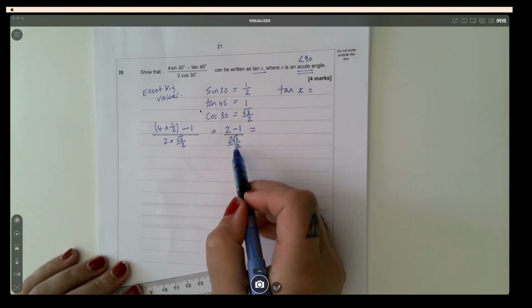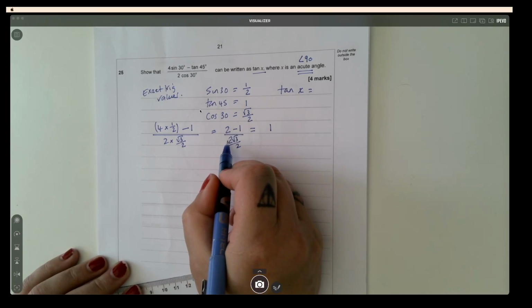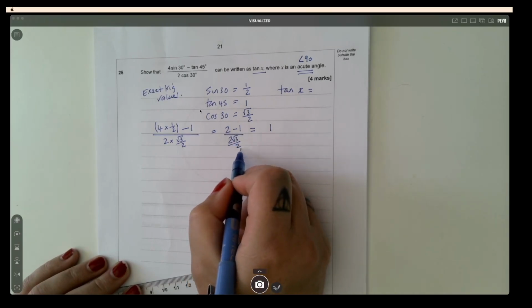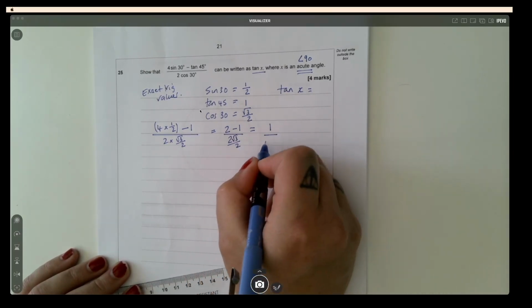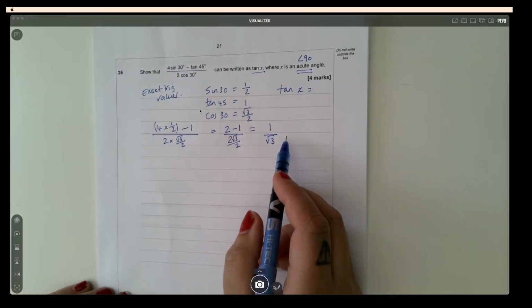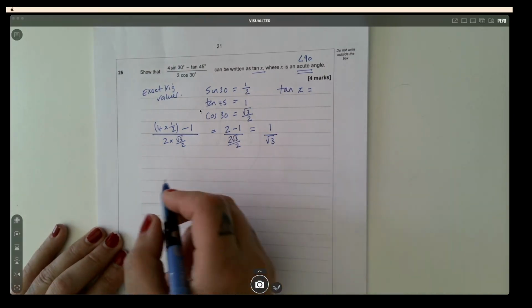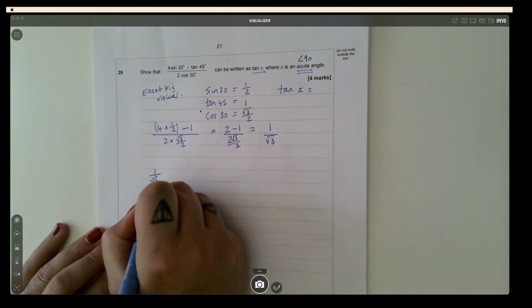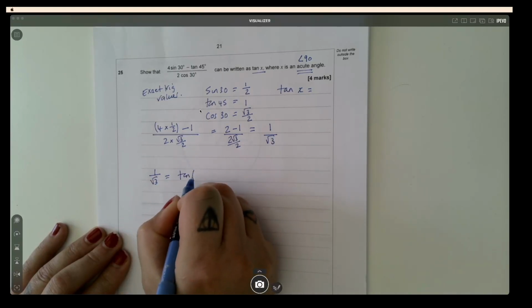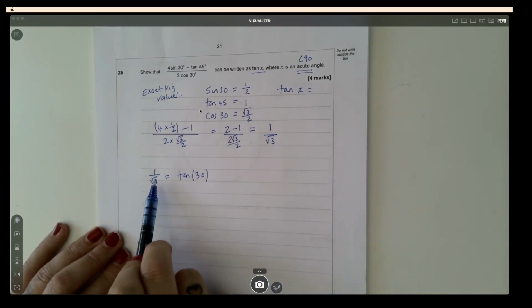So now we can simplify the top and the bottom further. 2 subtract 1 is 1. 2√3 divided by 2 leaves us with √3. So this calculation is 1/√3. Now I know from my exact trig values that 1/√3 is the exact value for tan 30. If you'd generated it using a table, then you would have been able to recognise that value if you didn't know it off by heart.